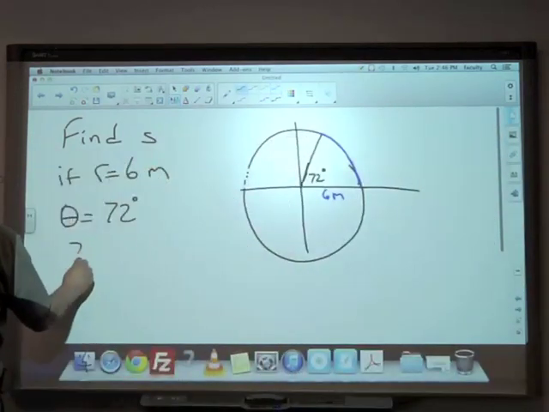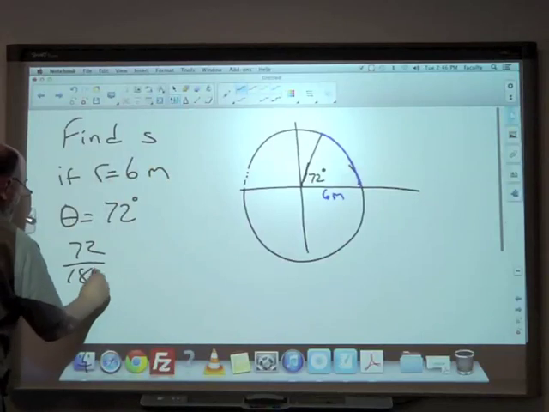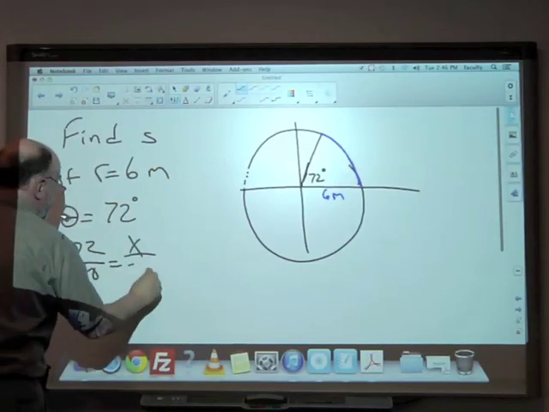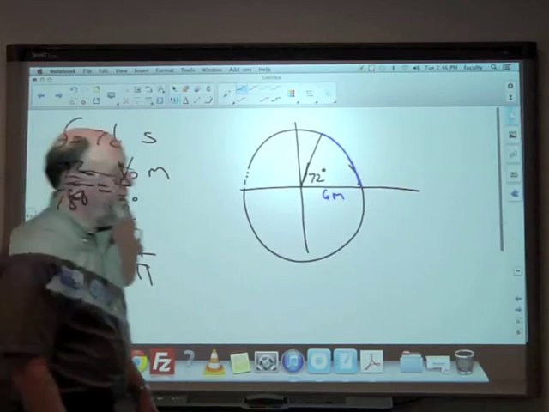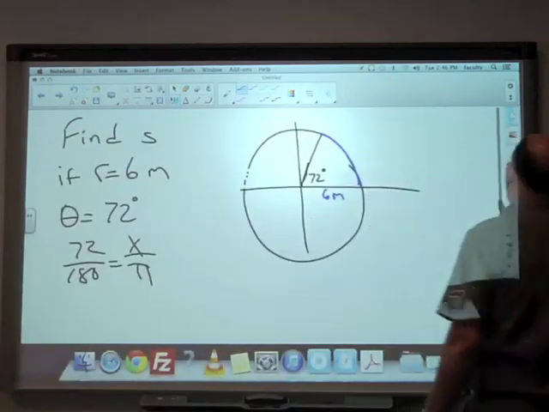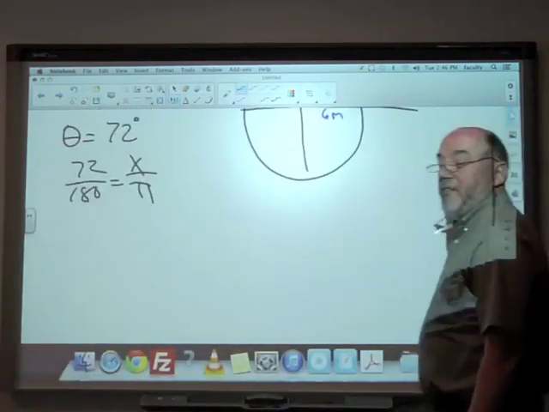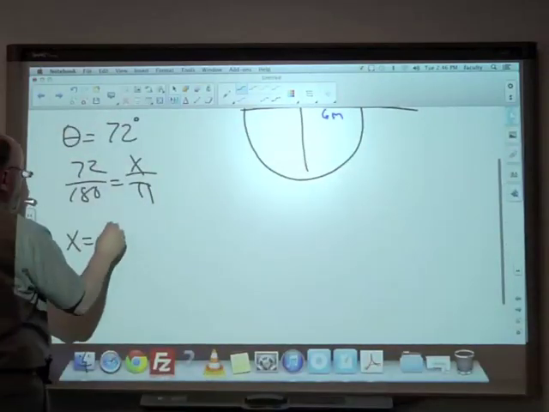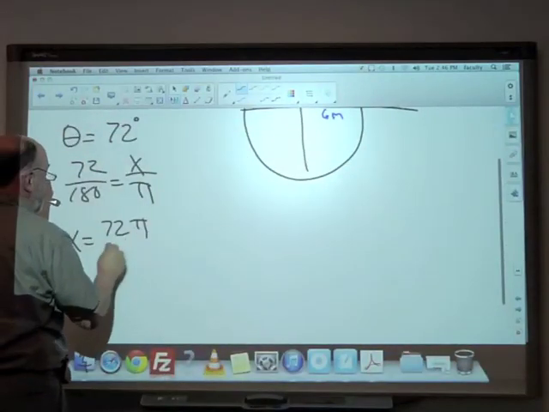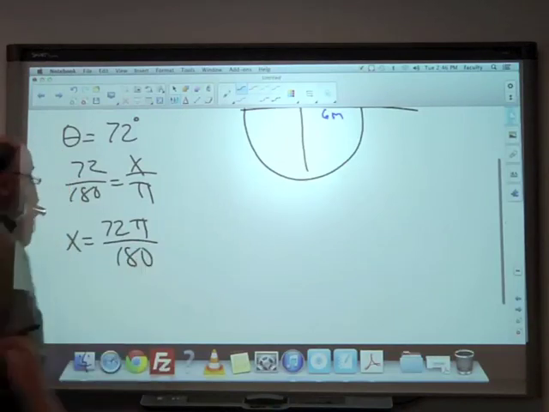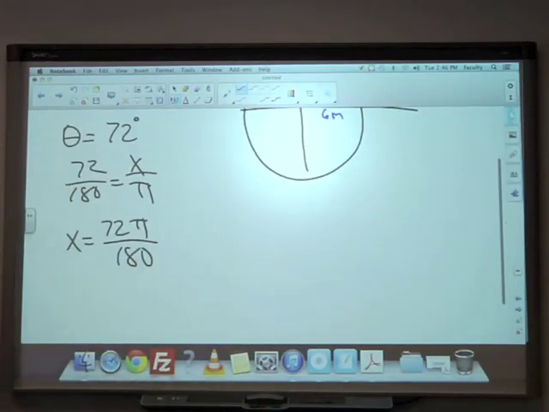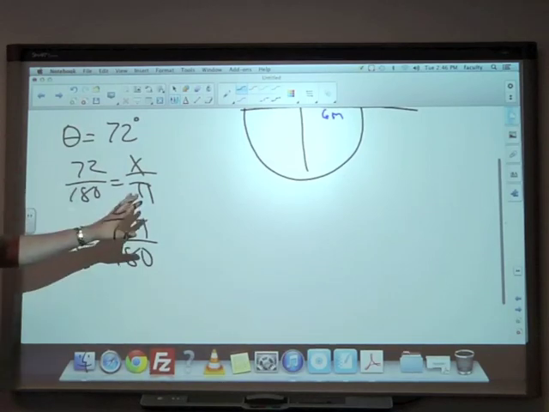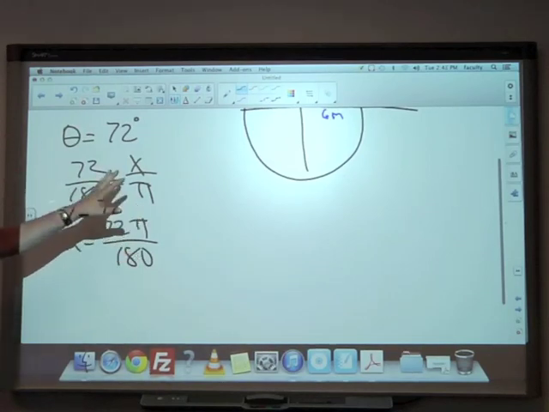So 72 is to 180 as x is to pi. Solve that for x, cross multiply, divide. That's my angle. Now, I really don't even care what this number is. I don't need to know what it is as far as the step.